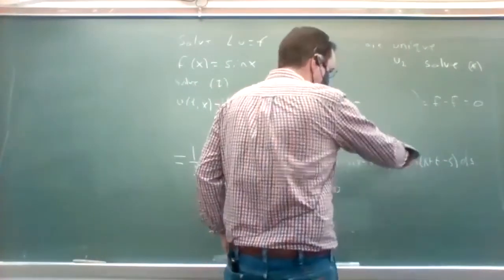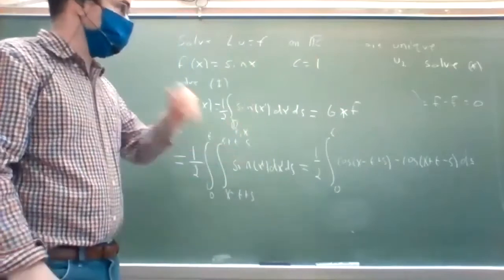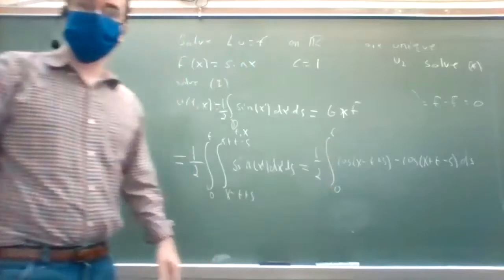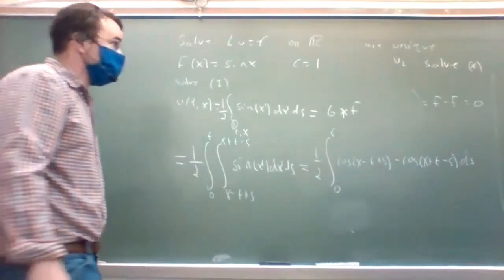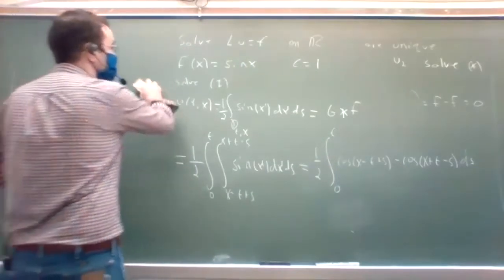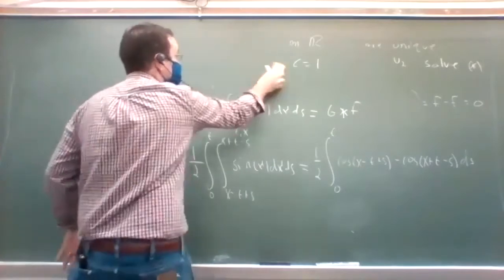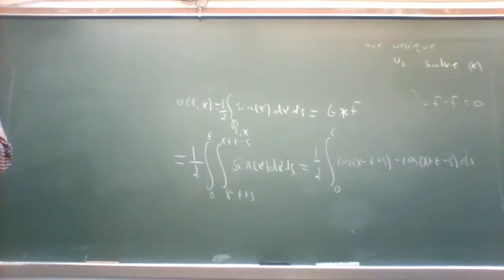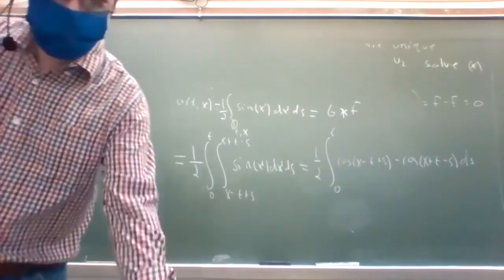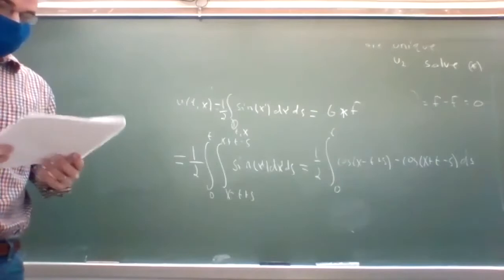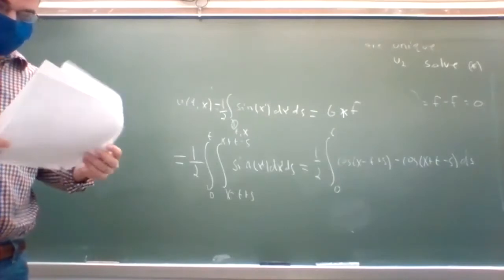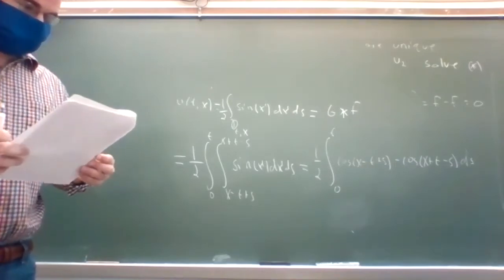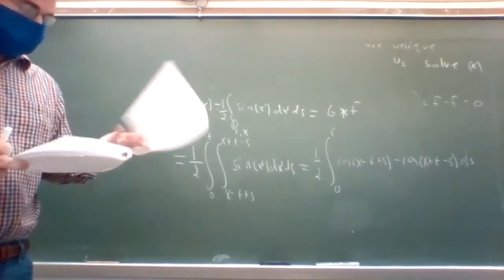But you could just write down the antiderivatives, some sine of this minus sine of that, evaluate at s equals 0 and s equals t. But the reason I wanted to give you some time to do it by yourself is because I want to point out that you can write these solutions in lots of different ways. So for instance, I've got here my handy list of trig identities that I printed off from Wikipedia last night, just so I won't get confused and write something down the wrong way.